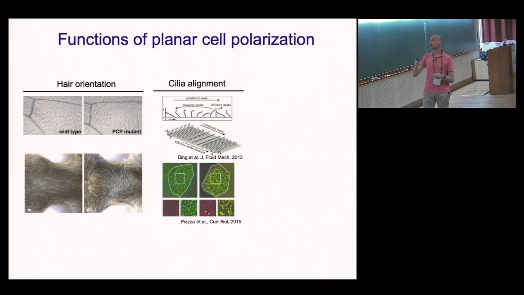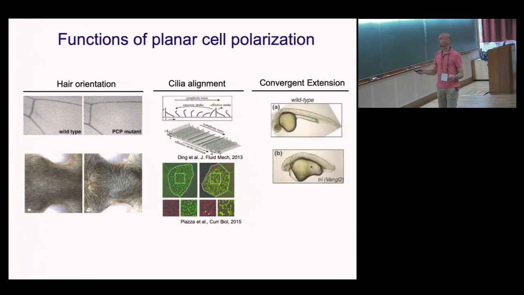If you want to generate a flow field in tissue, either with many cells or with cells that have many cilia, it is clear that because of the directionality of the beat of the cilium, all the cilia have to beat in the same direction in order to achieve consistent flow. And this again is achieved via the same planar cell polarity mechanisms, where the protein complexes on the side of the cell couple to the base of the cilia in order to orient them in a consistent manner.